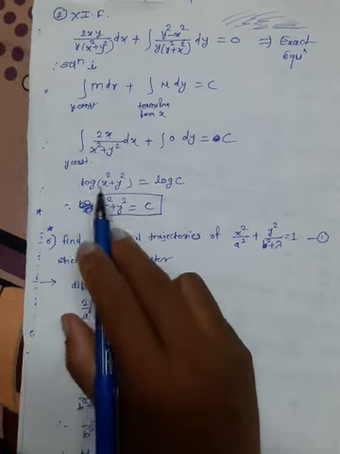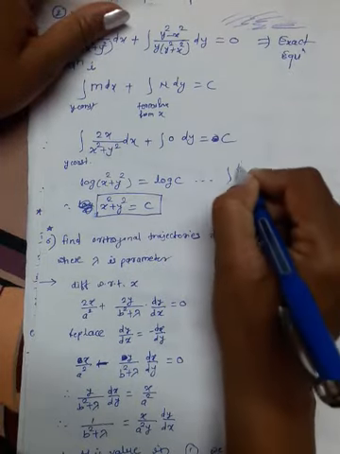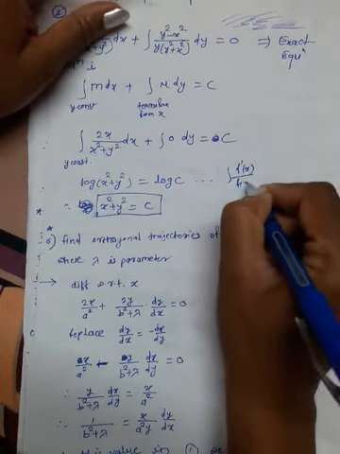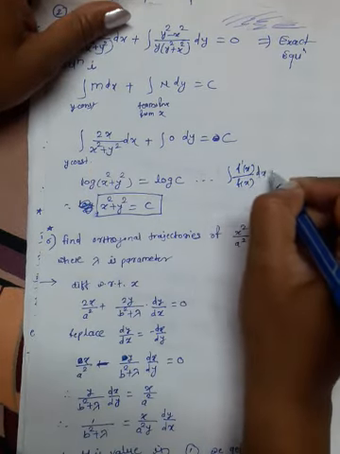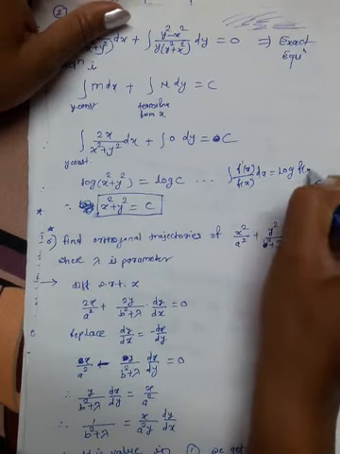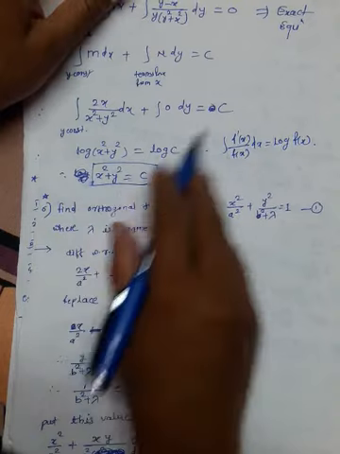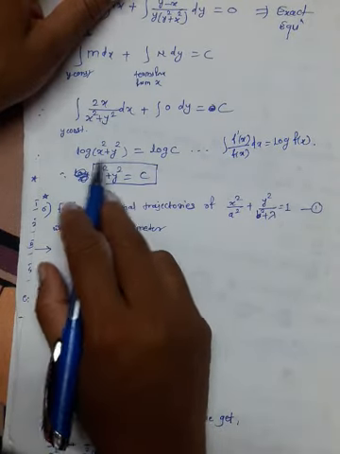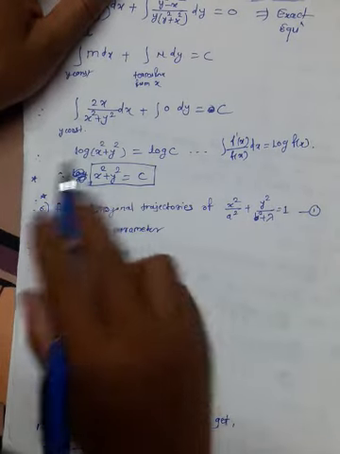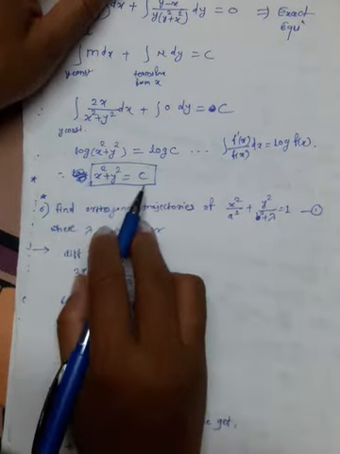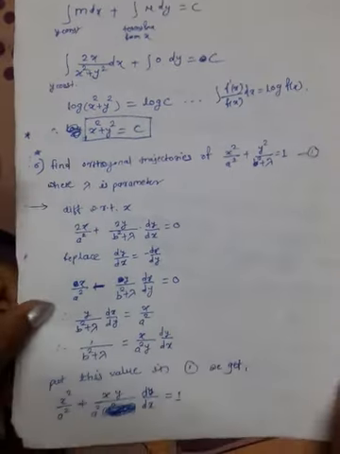That's why the integration becomes log of x square plus y square, because the formula is f dash x upon fx, and the integral is log of fx. We have used this many times. This becomes log of x square plus y square is equal to, if the LHS contains all terms as log, take the constant c as log c. To cancel log on both sides, we get x square plus y square is equal to c. This is the equation of orthogonal trajectories.